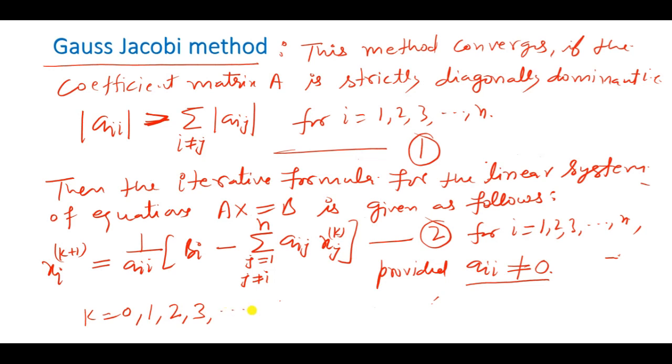So the working steps for the Gauss-Jacobi iteration method.